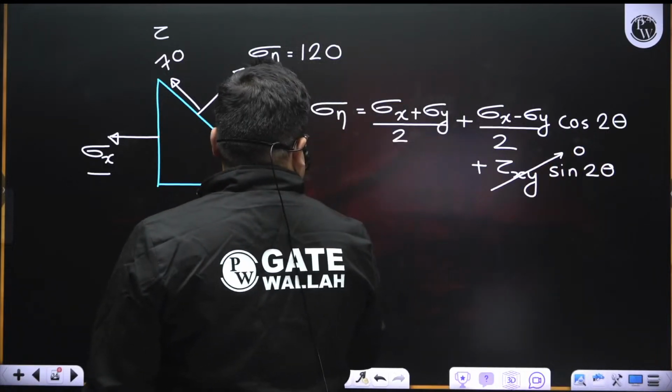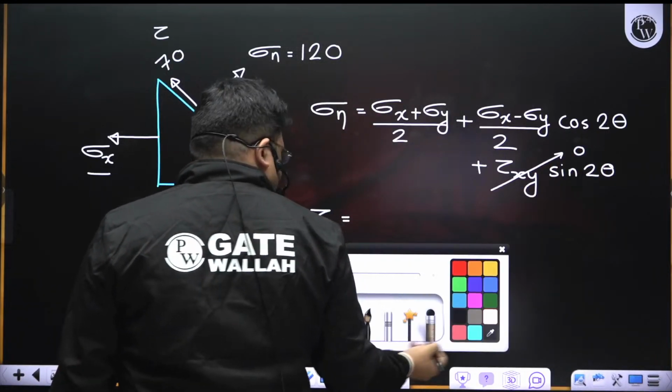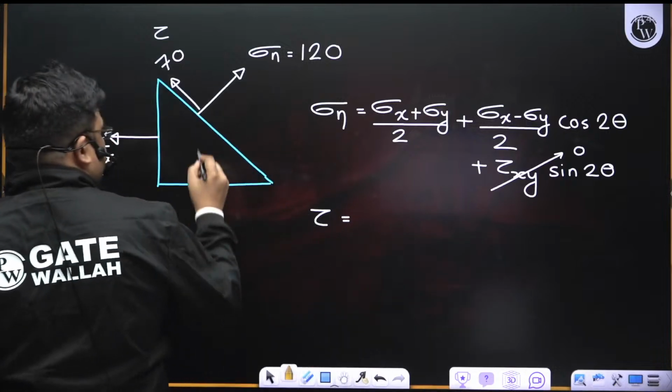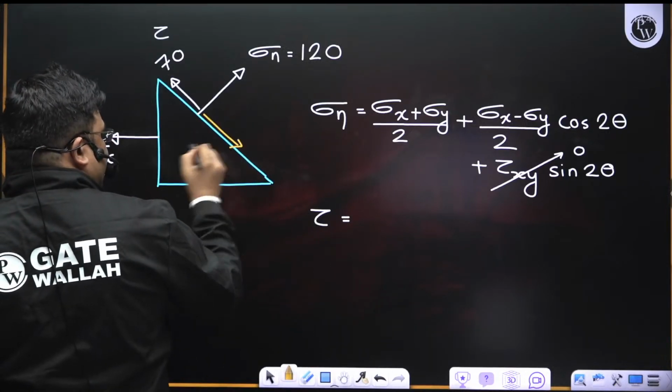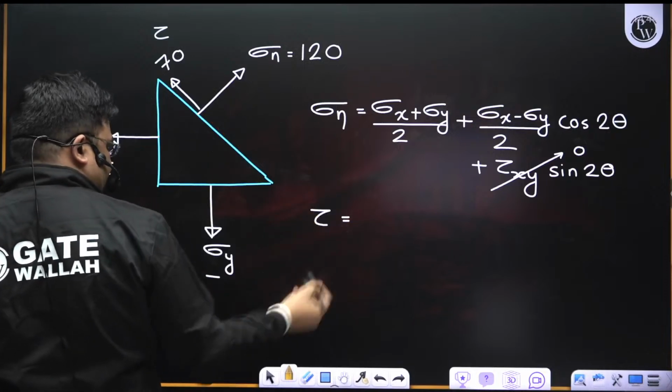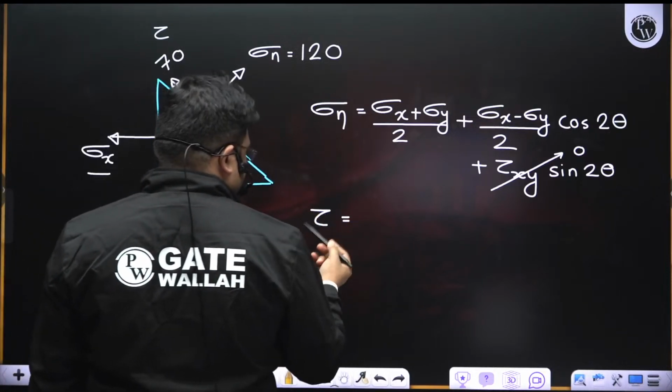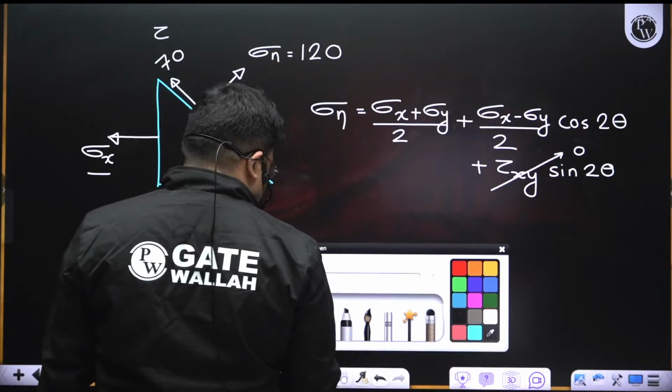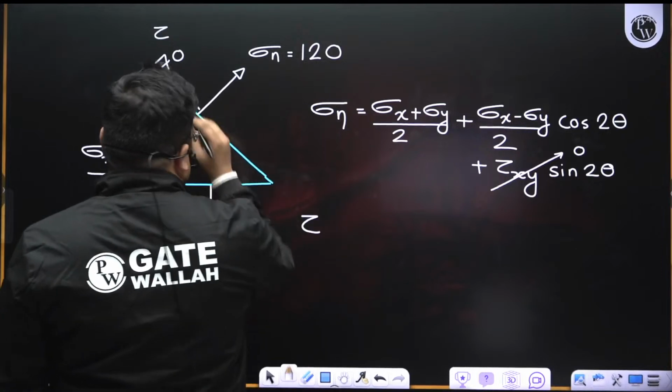Now normally the shear stress equation gives us shear stress in this direction. Here it is given in the opposite direction, so we will take this shear stress as negative.